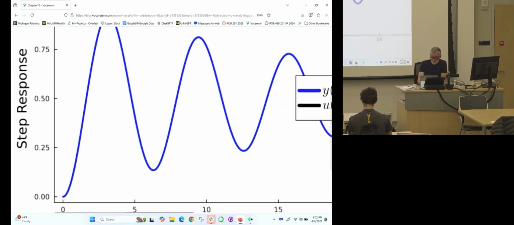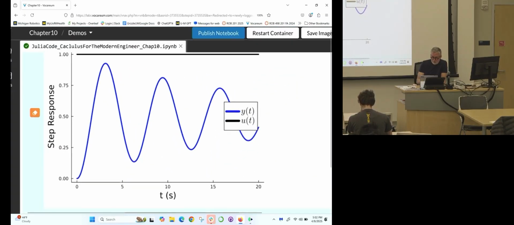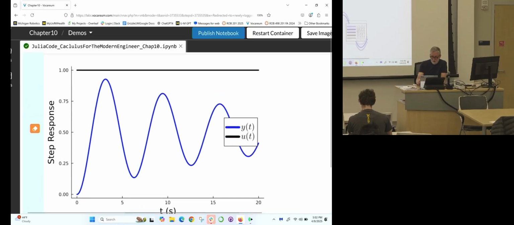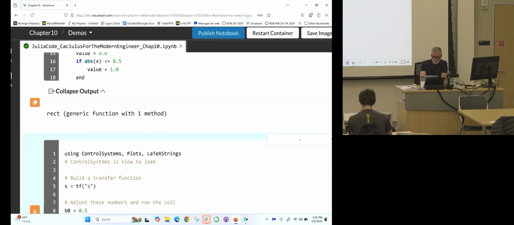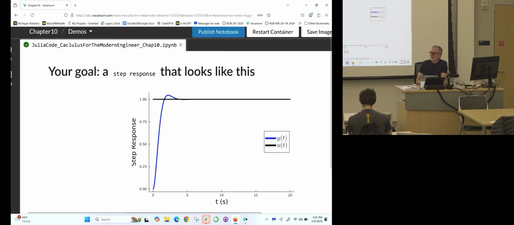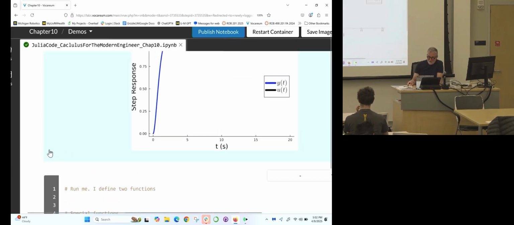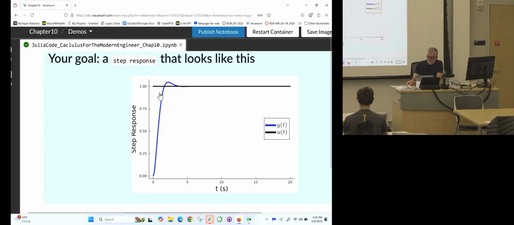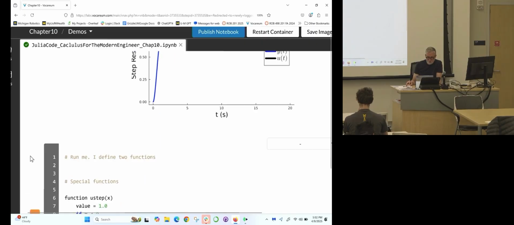There we go. Doesn't look very close to this, okay? So this, we gave a command for the output to become 1, and it took about 3 seconds, 4 seconds for it to get there and stay there.